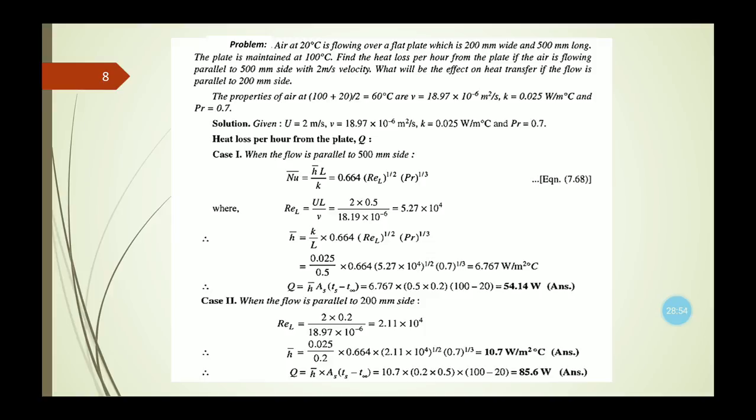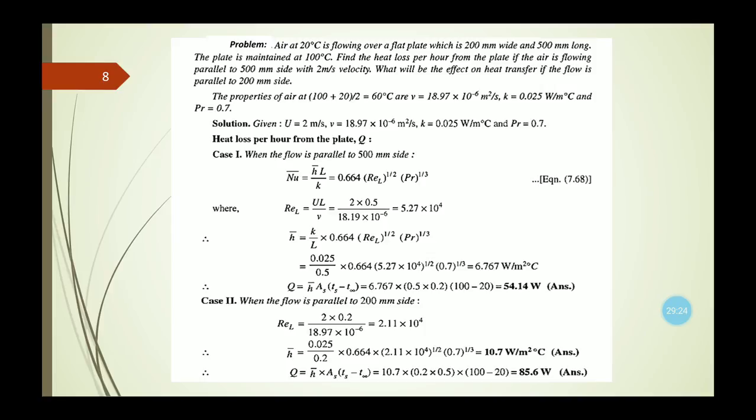Now if we put this value of h bar in the formula of heat transfer, Q equals hA multiplied by the temperature difference, then ultimately we get Q as 54.14 watt. So this is the value of Q for the first case, when the flow is parallel to the 500 millimeter side.